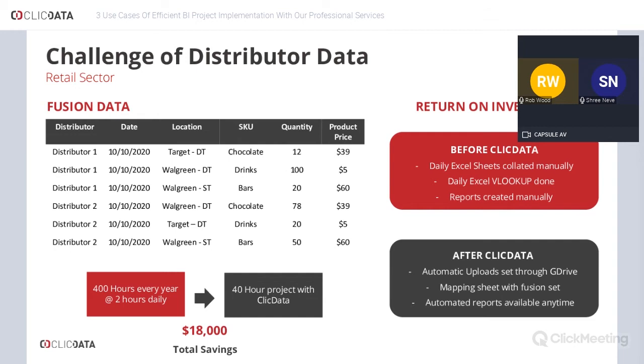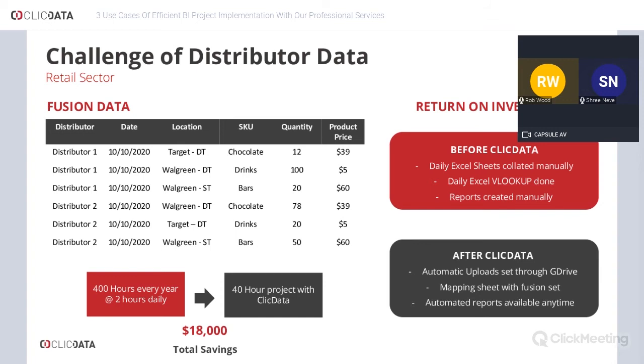With that investment, before Click Data, they were doing daily Excel sheets, collating the data manually, uploading the data onto a drive manually. They were also creating the reports manually, and every time they used Excel VLOOKUP to do some sort of mapping.